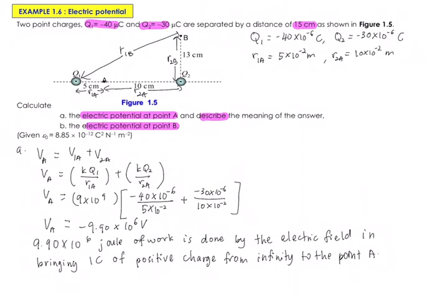So R1B here you must calculate using the Pythagoras theorem, while R2B is 13 cm. So R1B is the square root of 15 times 10 power of negative 2 squared plus 13 times 10 power of negative 2 squared.